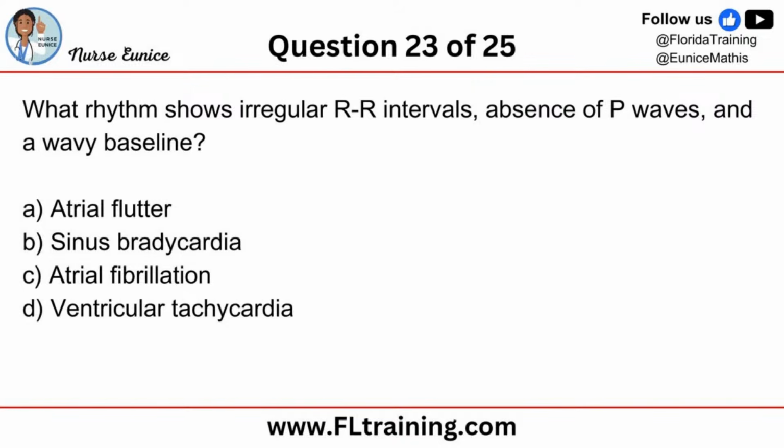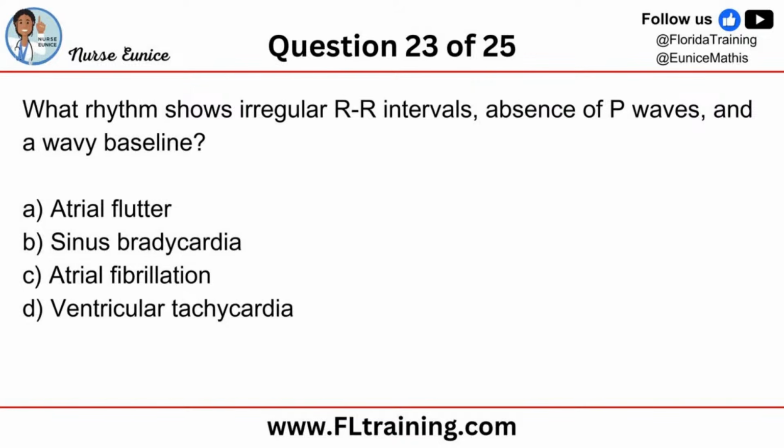Revealing the answer in 10 seconds. 10, 9, 8. It can't be B because it said the absence of P waves. When you see the word sinus, that means there is a visible P wave. And bradycardia usually is not irregular. Sinus is usually a regular rhythm. So it's not B.